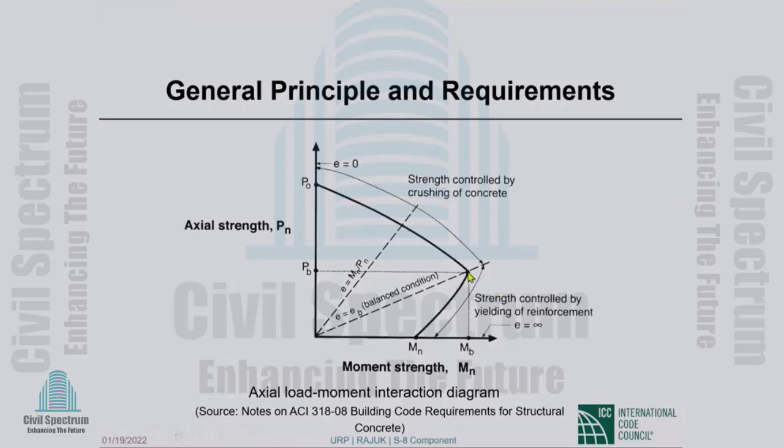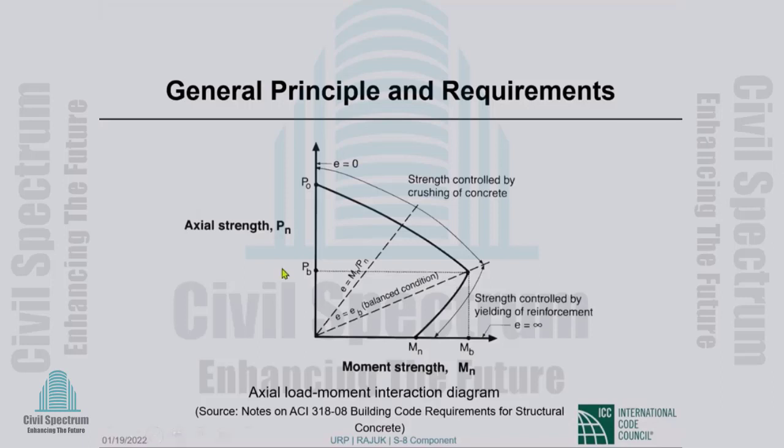This corresponds to balanced conditions. The axial load is P sub b, the bending moment is M sub b. Balanced, as always, means the tensile steel reinforcement yields at the same time the extreme concrete compression fiber gets to a strain of 0.003. Okay? So that's balanced condition.